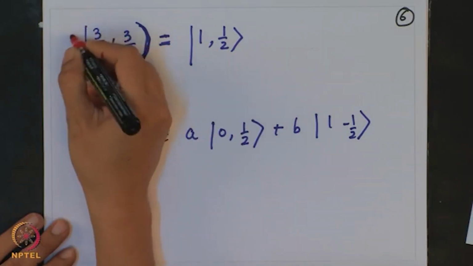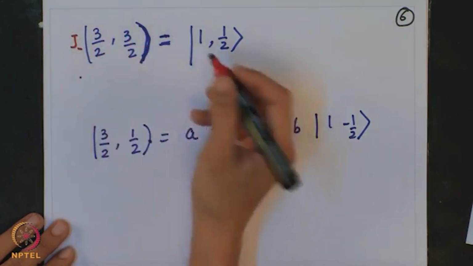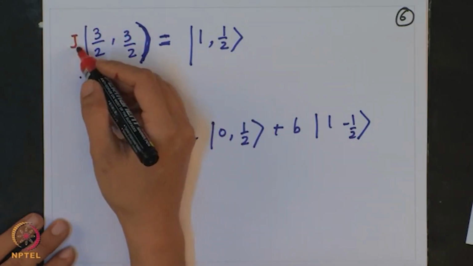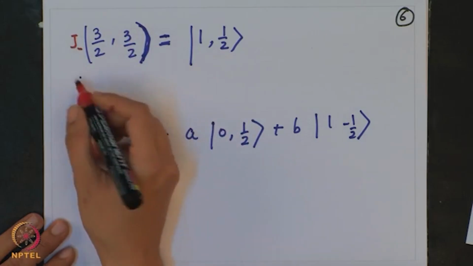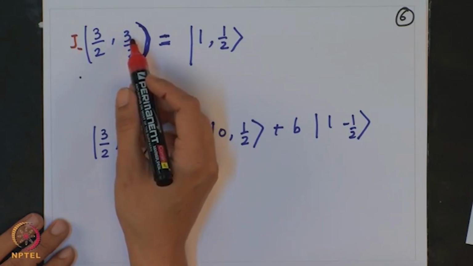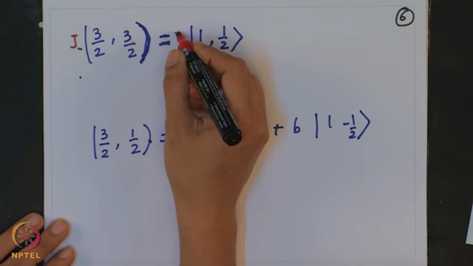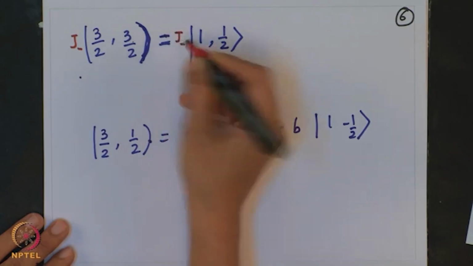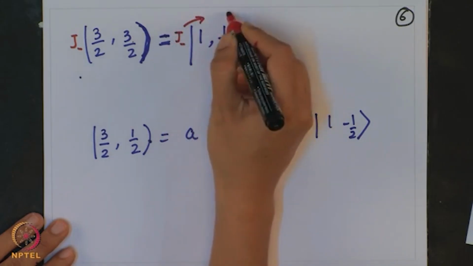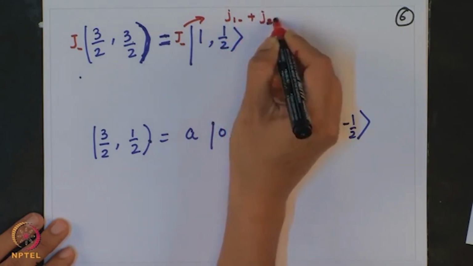So, when you apply the ladder operator J minus on this, you will obtain the CG coefficient C minus, and this state will be lowered, that is M will be M minus 1. When you are applying your J minus here, you will have to apply J1 minus plus J2 minus.